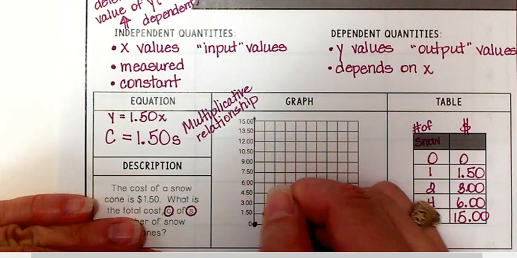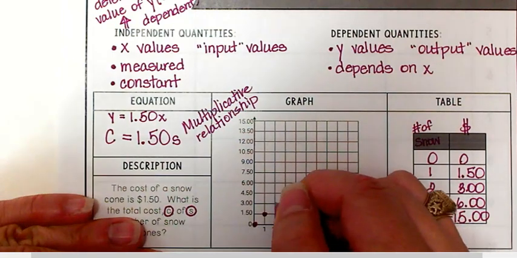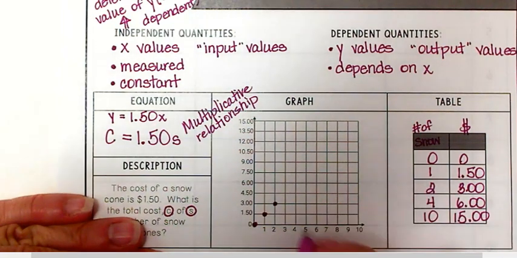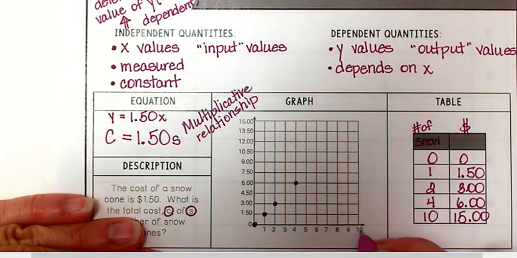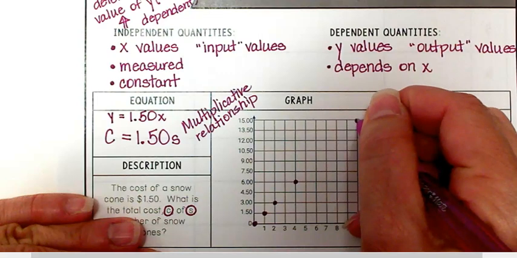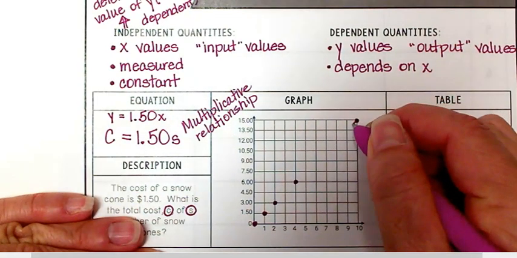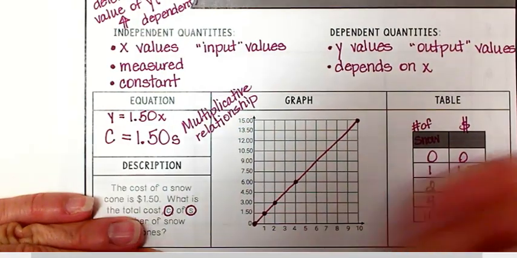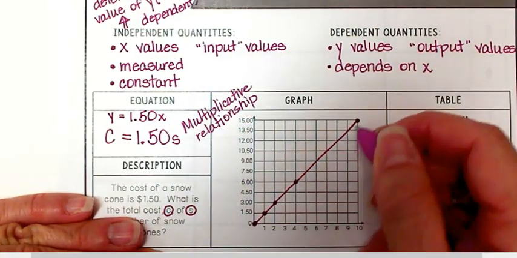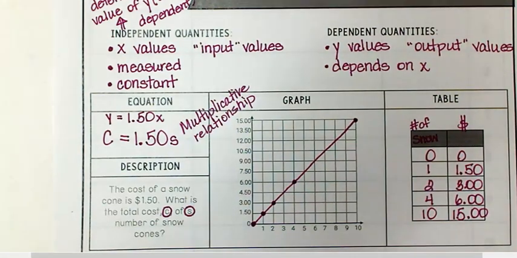If I buy 1 snow cone, I'm spending $1.50. 2 snow cones, I'm spending $3. 4 snow cones, I'm spending $6. 10 snow cones, I'm spending $15. Okay? And all of the other x's that I could have done that I skipped still fall along this line somewhere.